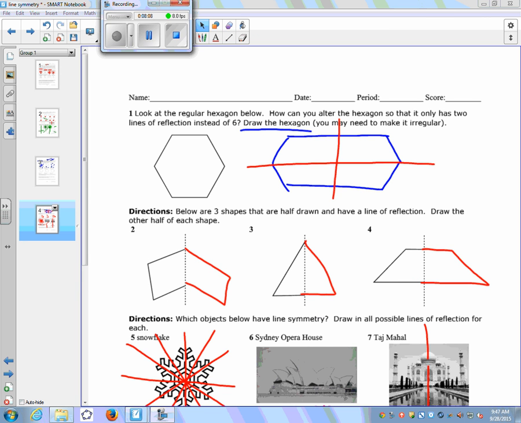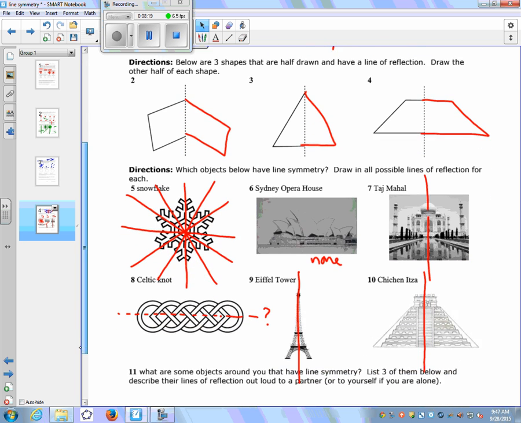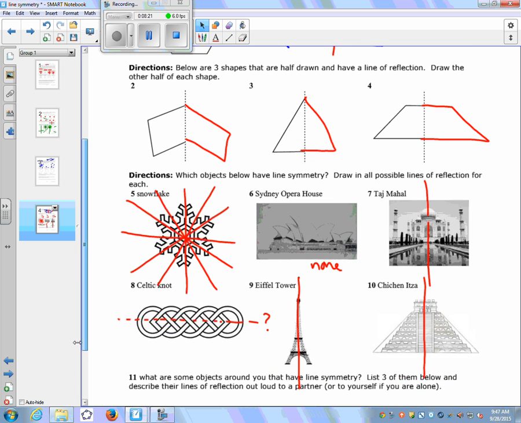Okay, so this first one, if you elongate this hexagon, stretch it out, or make it taller, either way, you have 2 lines of symmetry instead of the 6. Here's the reflections for 2 through 4, and then the lines of symmetry.